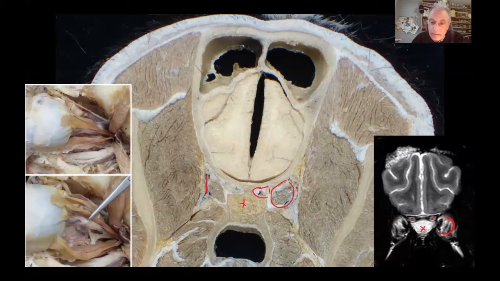As you see, there are some muscles here. This area here is going to be the beginning of the orbital fissure. But you see, these are muscles here that seem to enter the orbital fissure.